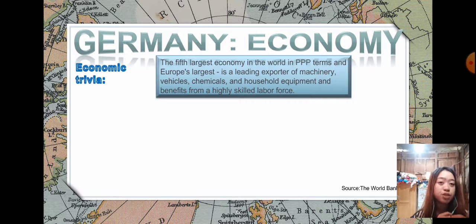So, usa sa pinakadako ang economy on Germany, which kanang sa ilang machinery and vehicles like ato ilang mga cars nga mga Volkswagen and many more.